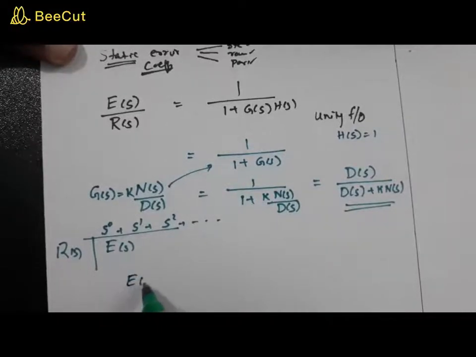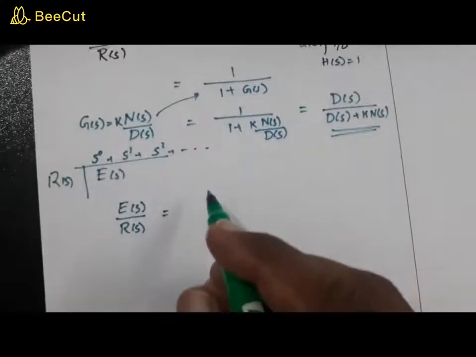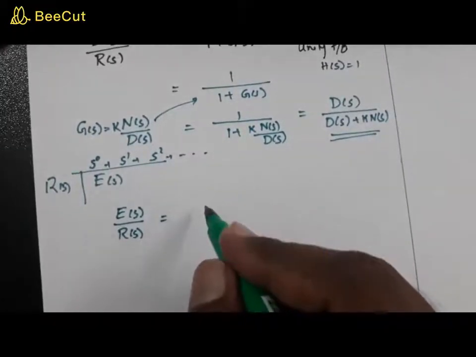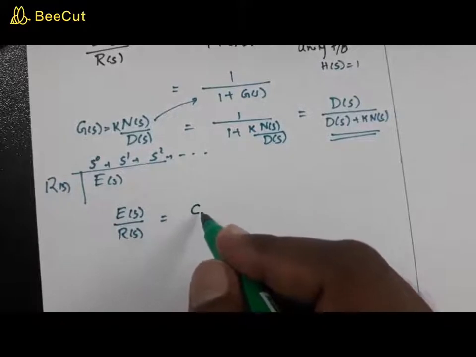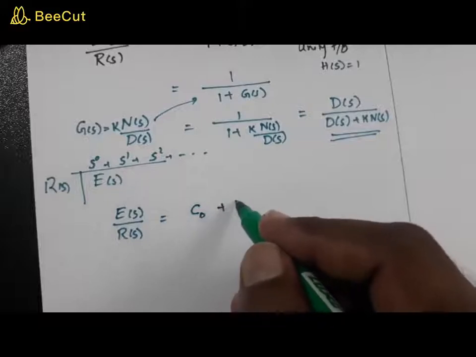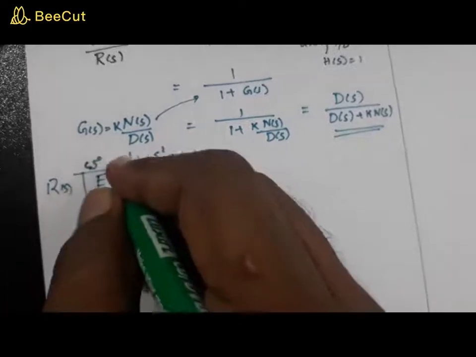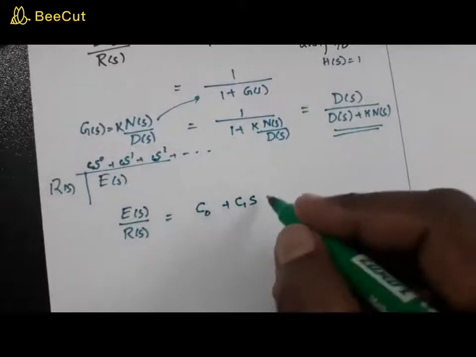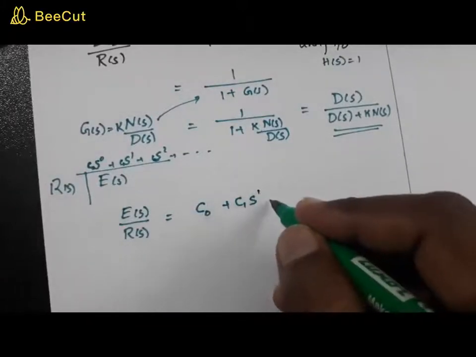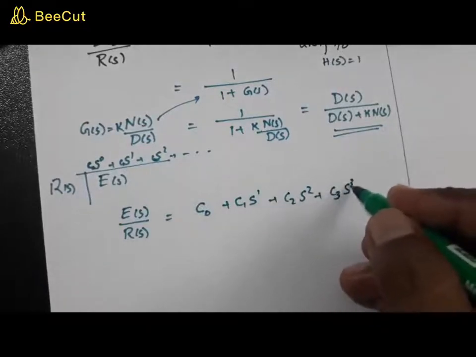So you will be able to get E(s)/R(s) equal to what? The first term, let us call it C0, a constant, we do not know it. The next term will be C1 s, then C2 s squared, then C3 s cubed, and so on.